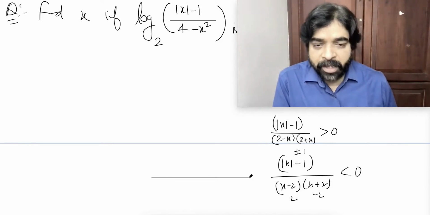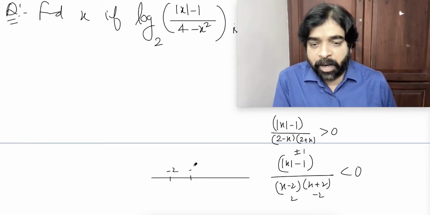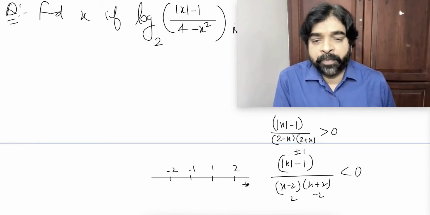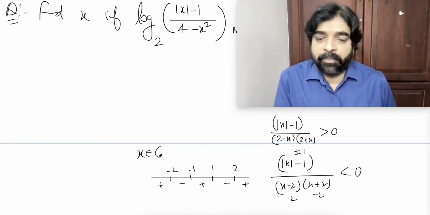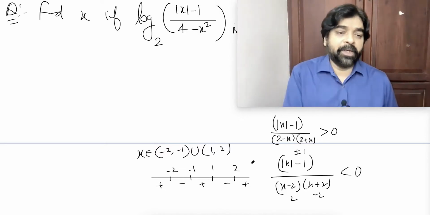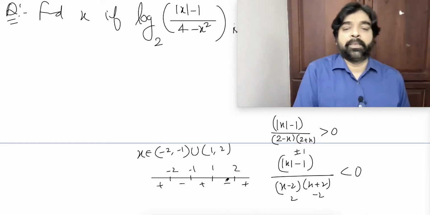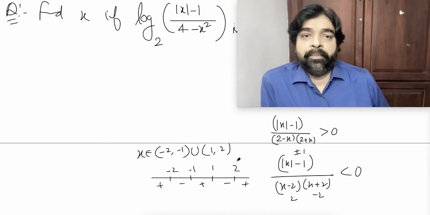Number line plotting: −2, −1, 1, 2. Here positive, negative, positive, negative, positive. We want negative. So x belongs to (−2, −1) open union (1, 2). This is the only answer. Is this clear?